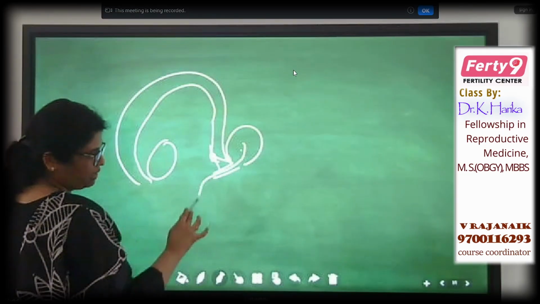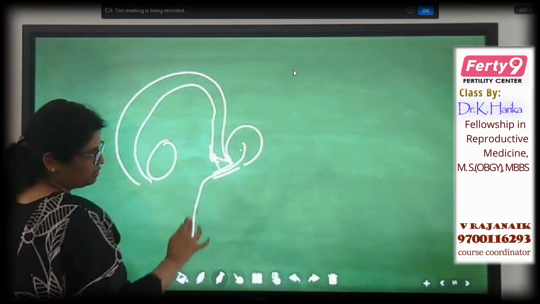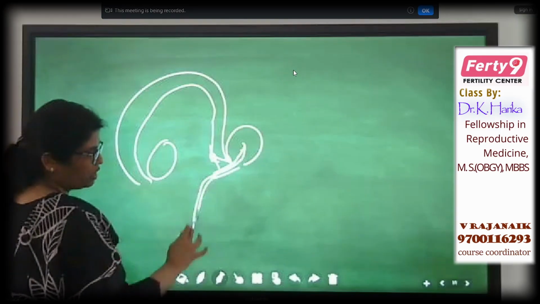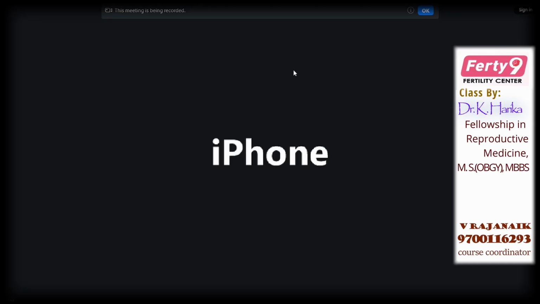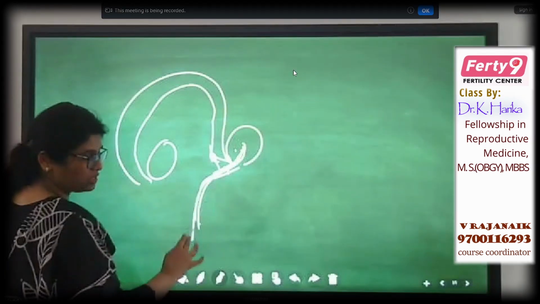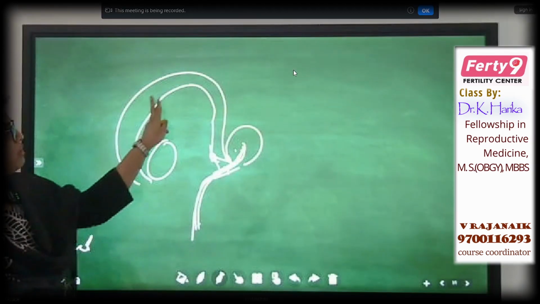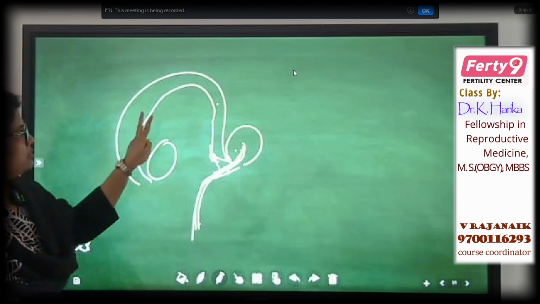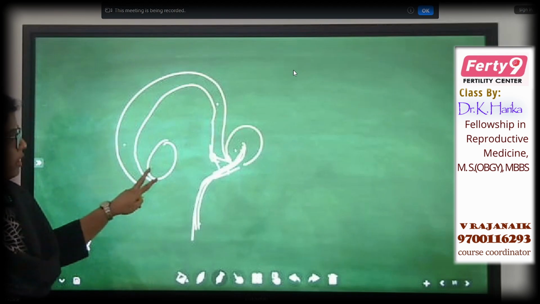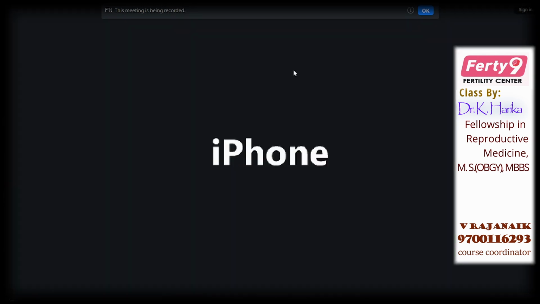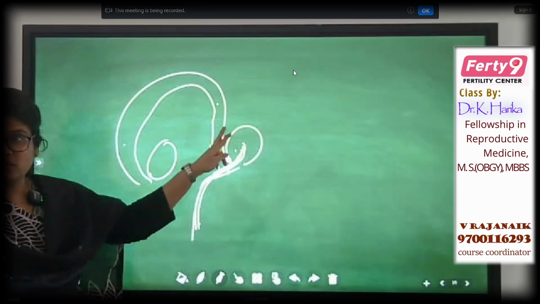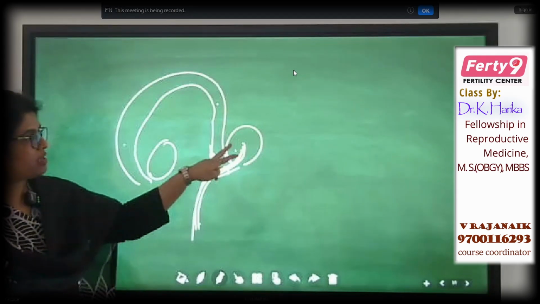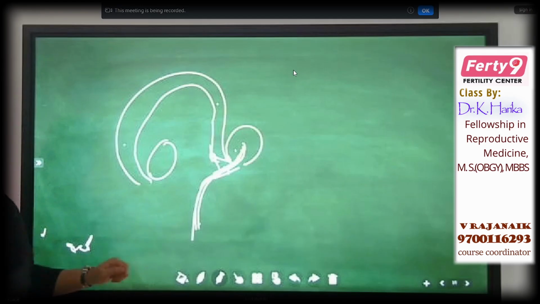Fructose will be secreted from here. This is the urethra. If there is any pathology with ejaculatory duct obstruction or the seminal vesicles, then fructose will be absent. If there is any pathology prior to this, like vas deferens, epididymis or testis pathology, then fructose will be present, except in one condition, absence of the vas deferens, because it is usually associated with absent seminal vesicles. That is the reason.